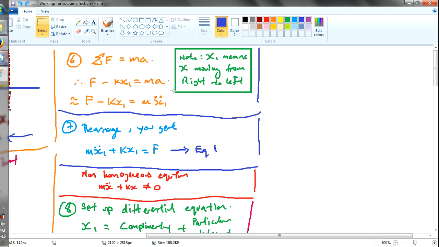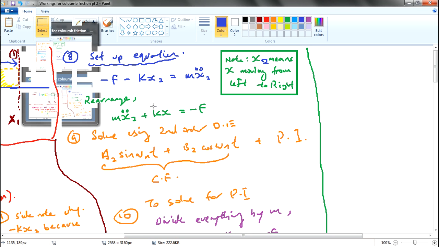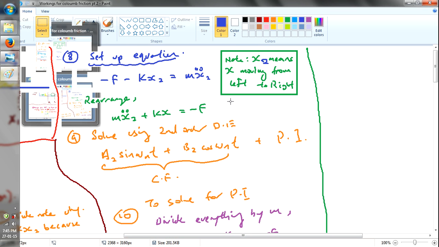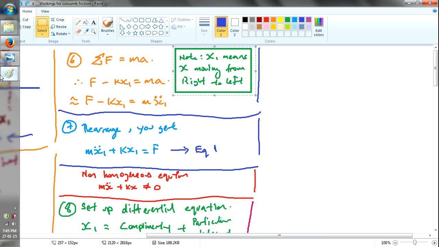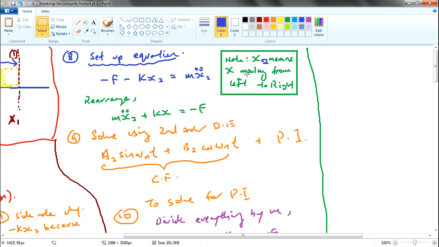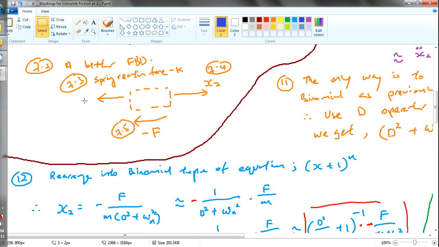So now x2 is from left to right. I actually didn't write it down. Maybe I should write it down. Yeah, so I have this set. I've clearly defined the x2, and take note that this x2 is the distance, not the position. We have a little complicated stuff over there.